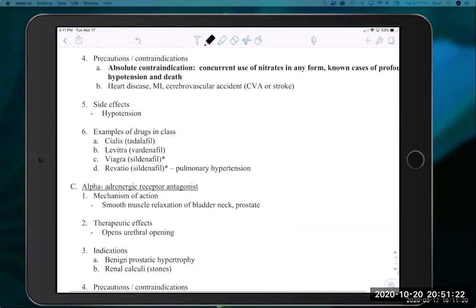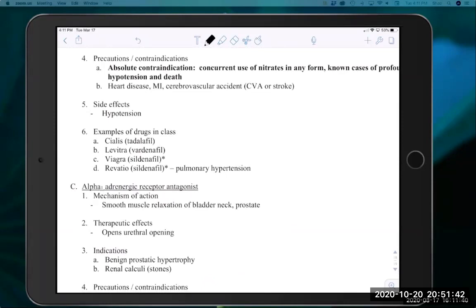Precautions and contraindications. All right, big area you need to remember for this class of drug, okay? Absolute contraindication is if the patient has any type of concurrent use of nitrates in any form. So remember, nitrates cause what? I want you to review that. You're going to see that in cardiac.